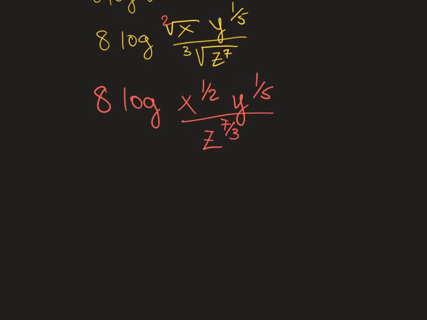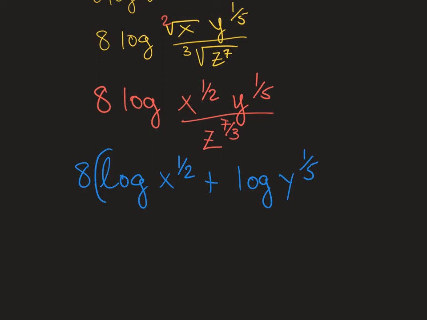So for example, you're going to have 8 log of x to the 1/2 plus log of y to the 1/5 minus log of z to the 7/3.